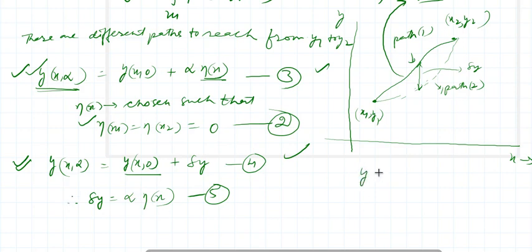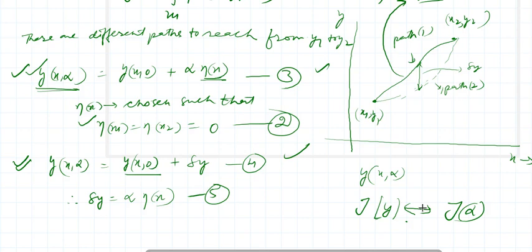Now let us try to understand what's going on. This y is a function of x and alpha, and our J is a function of y. So I can replace this functional of y with J as a function of alpha, because for different paths it depends upon alpha.